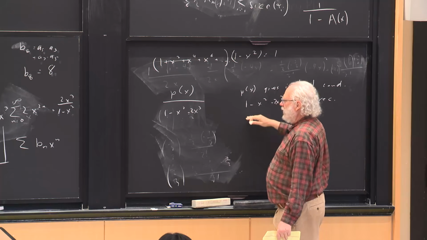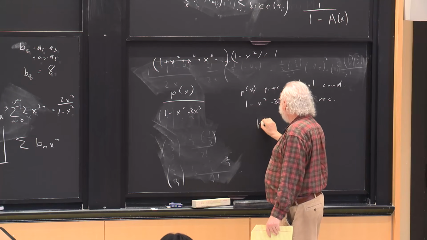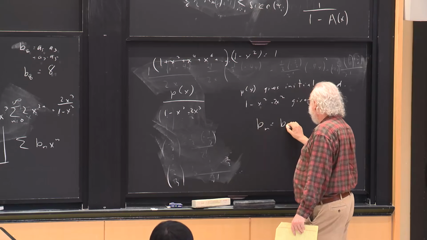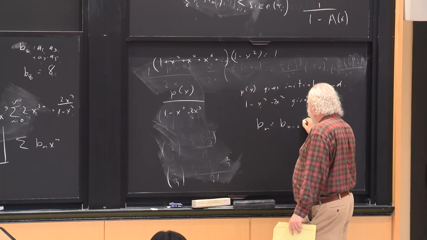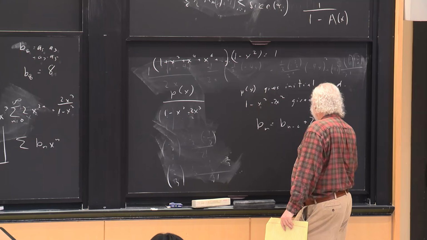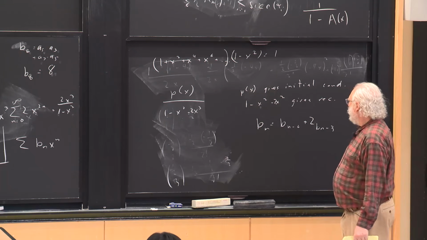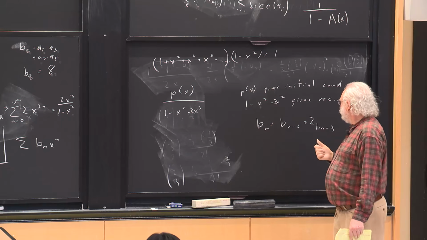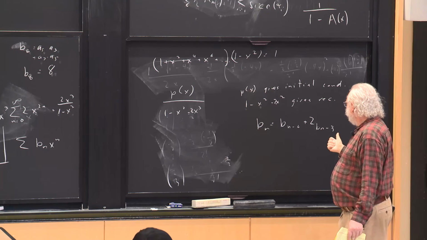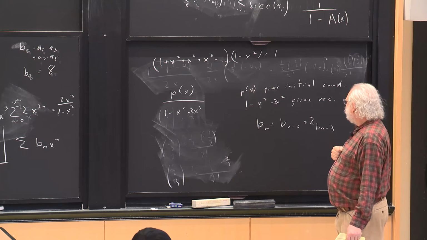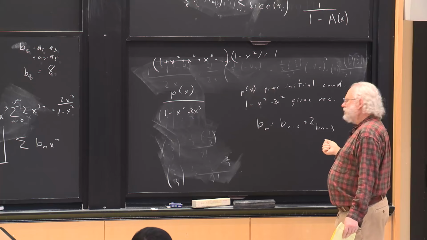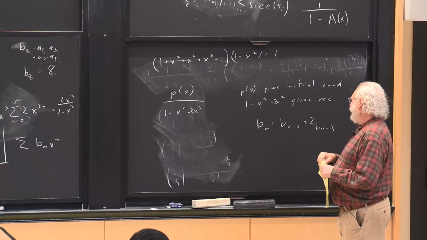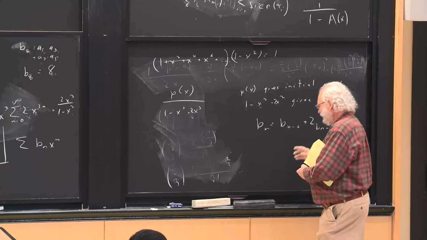So this recurrence says b sub n is equal to b sub n minus 2 plus 2 b sub n minus 3. I guess we can explain this.